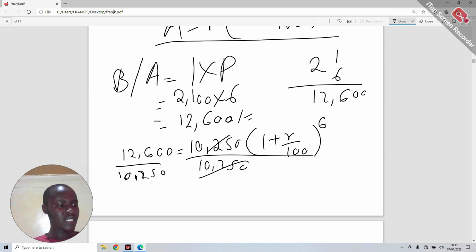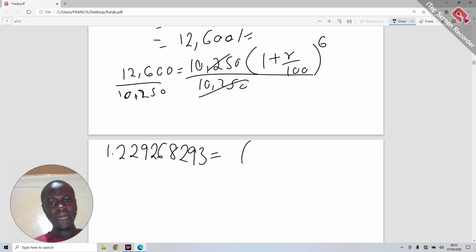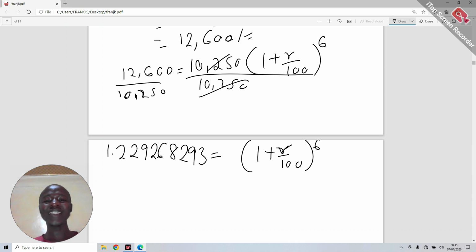So if we take 12,600 divided by 10,250, we shall get 1.229268293 equal to the bracket 1 plus r all over 100, power 6. How do we remove this 6? How do we remove this 6? Very easy. You get the sixth root.